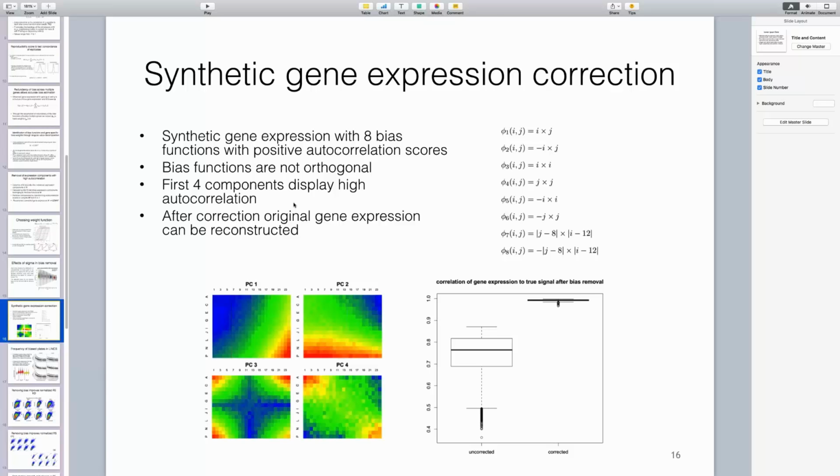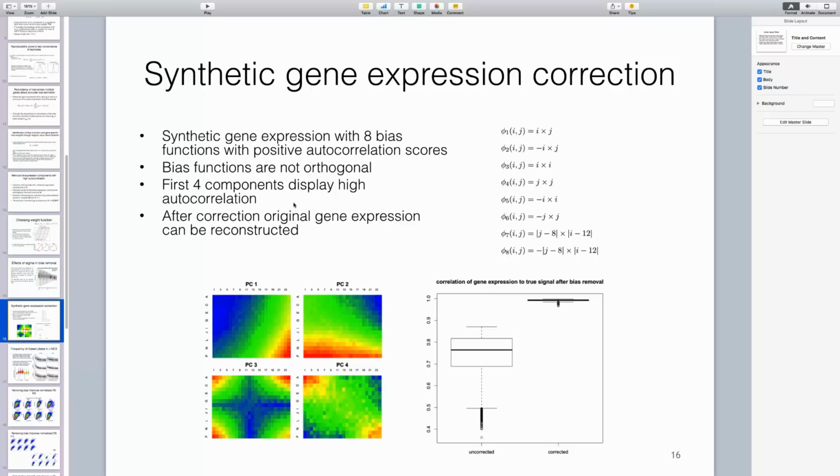If we do our analysis and plot the values of the principal components, those are the plots that we get on the bottom left. Not surprisingly, because we added these biases, there's bias in our gene expression.